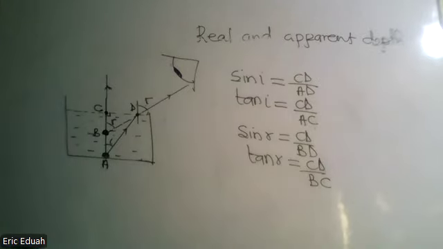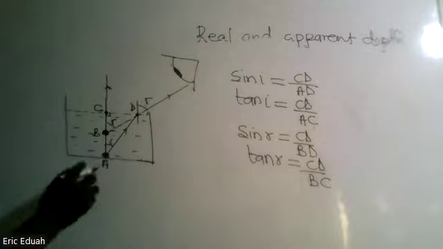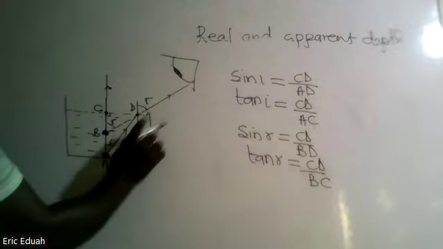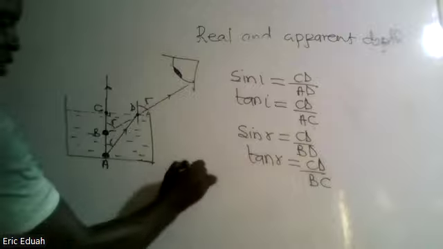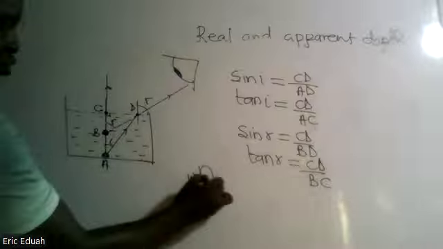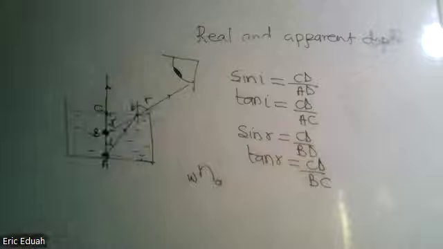Let's find the refractive index of what we are doing. So when light is moving from one medium into another, Snell is saying that the refractive index, this is from water to air. The light is moving from water and coming out into air.